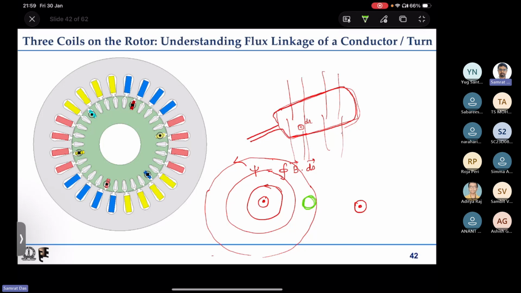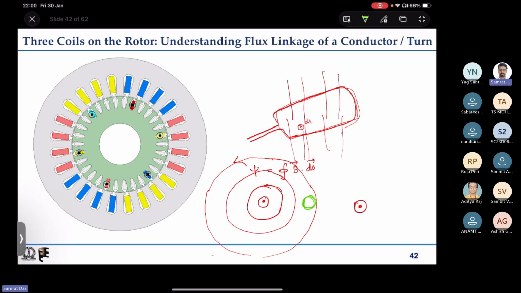In terms of a turn, it is quite simple to understand: we have a defined area, and we can take B dot ds over it. For a conductor, we have to see which flux lines are enclosing that conductor. That becomes the flux linkage for that conductor.